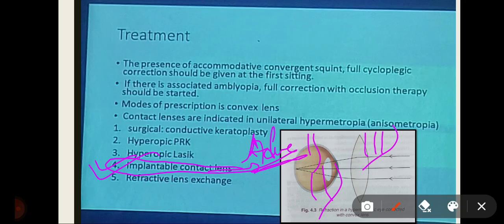Third, a wider and better field of vision. Fourth, they are cosmetically more acceptable. And fifth, they are better suited for unilateral aphakia.